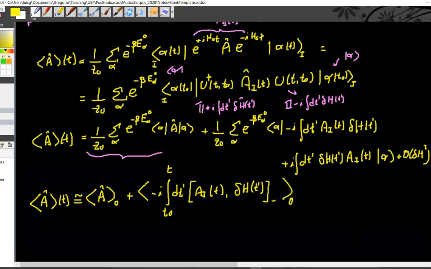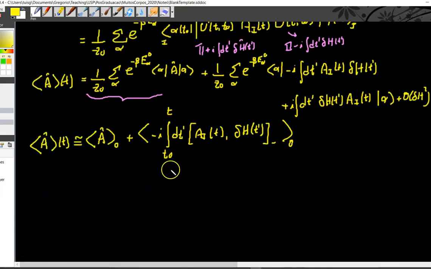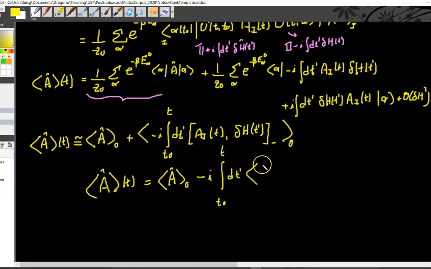All right. And I can rewrite this in the final form, which is to first order, A naught minus i integral t naught to t dt prime times this.